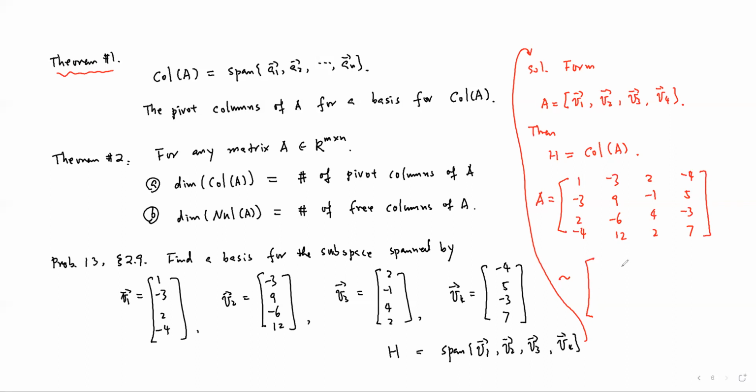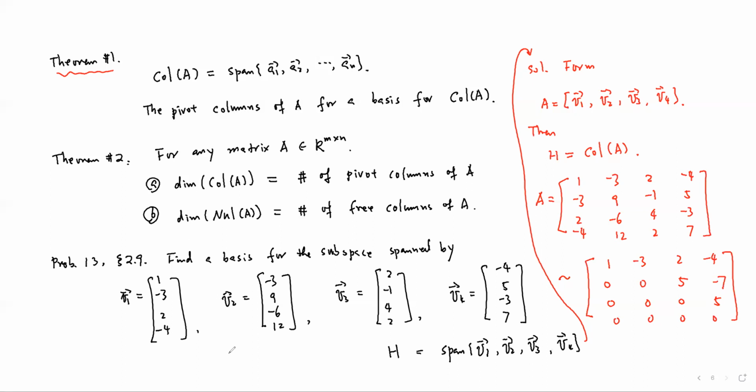Then I get 1, -3, 2, -4, 0, 0, 5, 7, 0, 0, 0, 5, 0, 0, 0, 0.